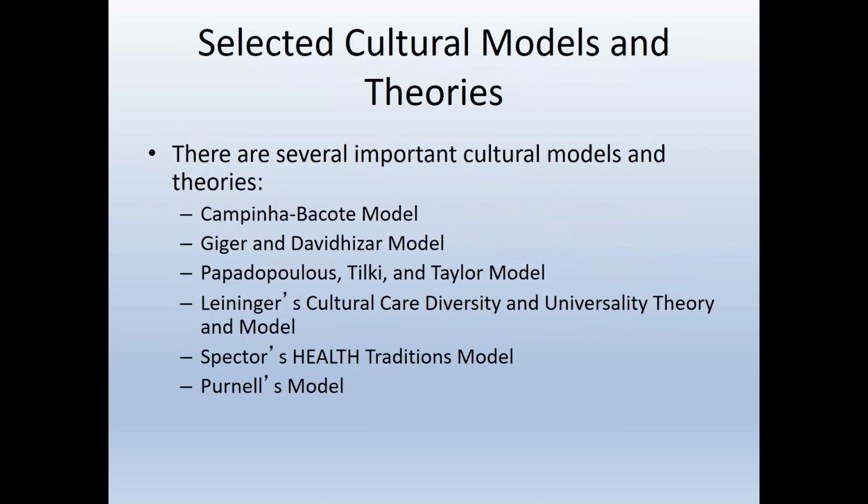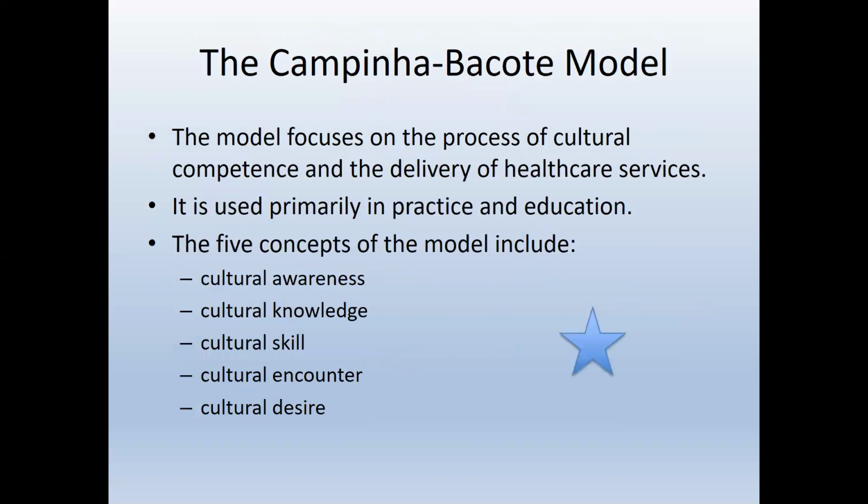So here are 6 different cultural models that we're going to go through one by one, so I won't read them off here, but these are the 6 models that we'll be focusing on. The Campinha-Bacote model, and this model is the process of cultural competency and the delivery of healthcare services. This is commonly used in nursing practice and education.